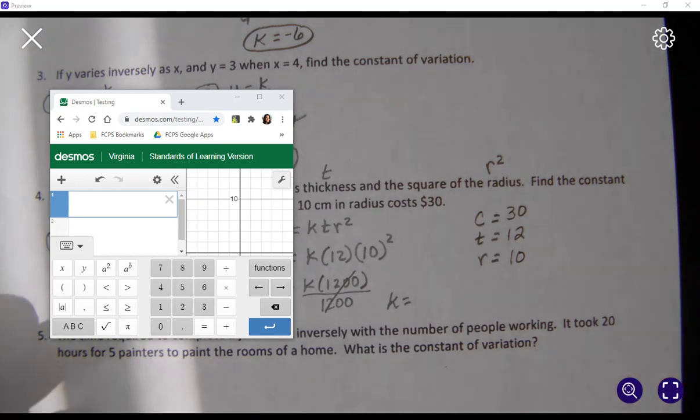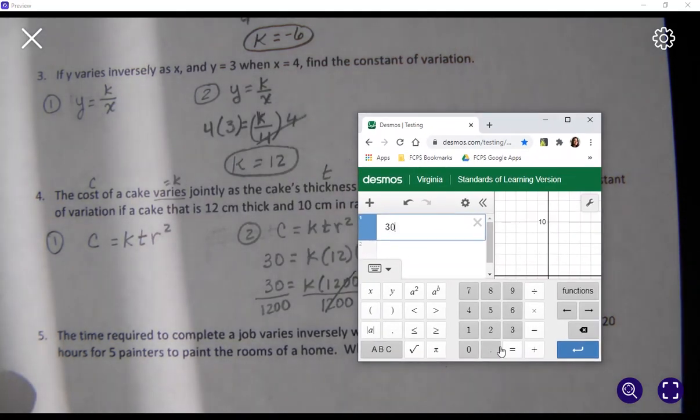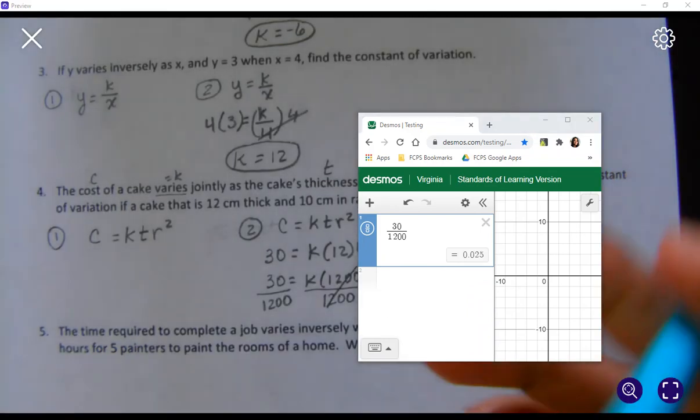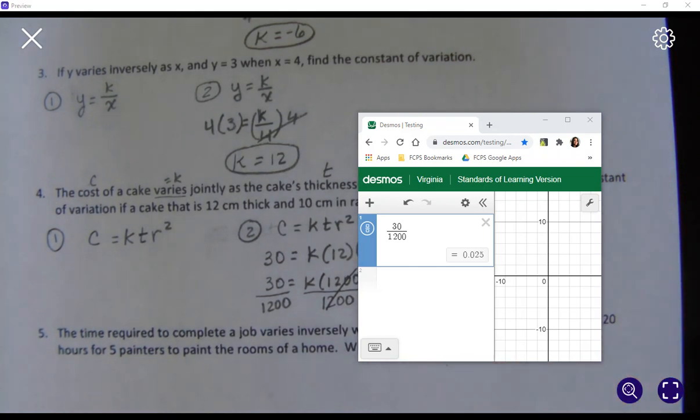So we have here 30 divided by 1200 is 0.025, or you can go ahead and click that and turn it into a fraction. So it's 0.025.